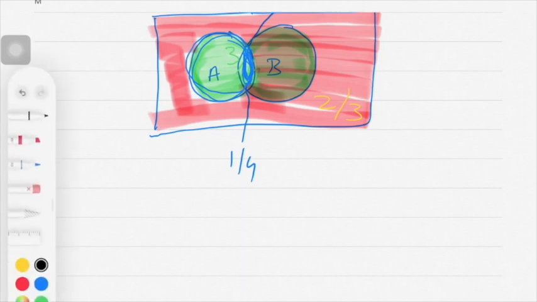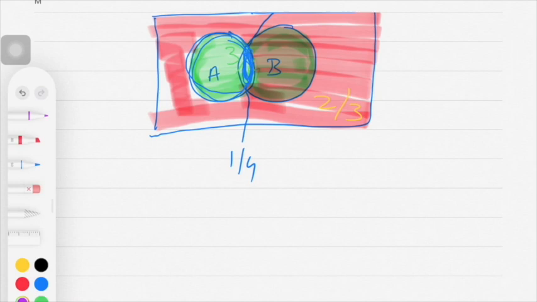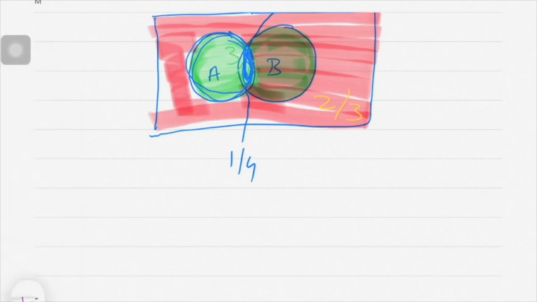I'll highlight in purple color. So P of A dash intersection B means this area.